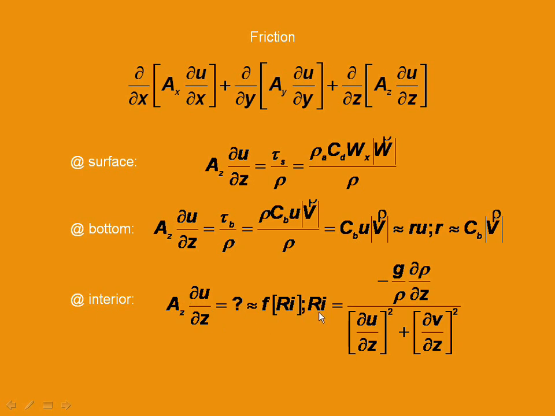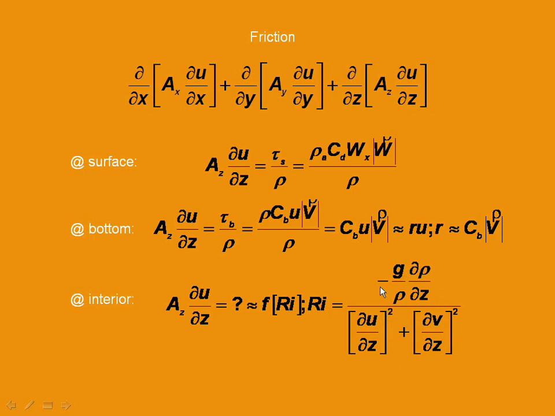So we tend to use parameterizations that are a function of the Richardson number, which is a ratio with the stability of the water column in the numerator. So it's the energy applied to the water column to increase its potential energy, divided by the energy applied to the water column to try to de-stratify it, which comes from the vertical shears.